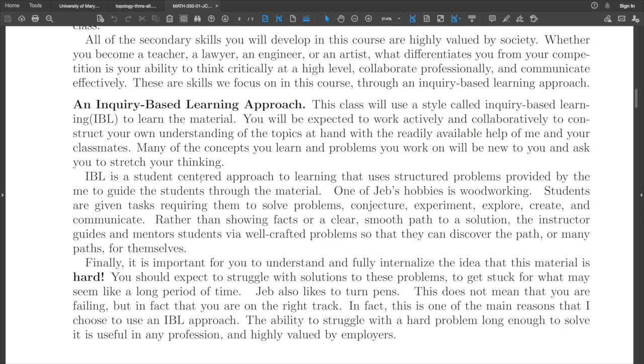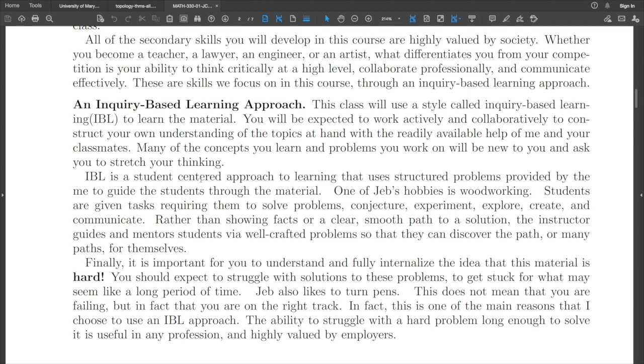And so the idea behind this is simply that you, the students, are going to be kind of taking charge of the class. And so we'll talk about what this means in specifics in a sec. But in general, what it means is that I'm not going to be talking very much. I'm not going to be lecturing very much.